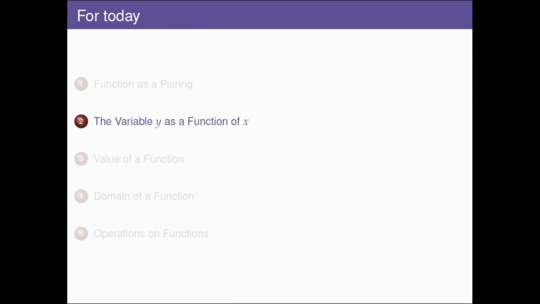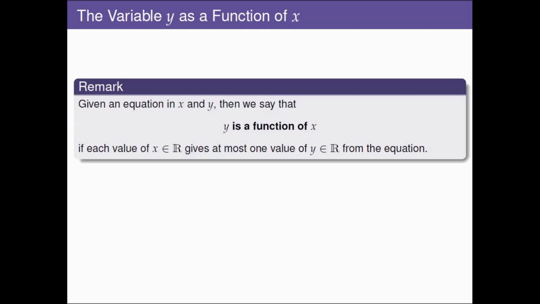We proceed with the variable y as a function of x. Given an equation in x and y, then we say that y is a function of x if each value of x in R gives at most one value of y in R from the equation. For example, consider the equation y equals x squared.